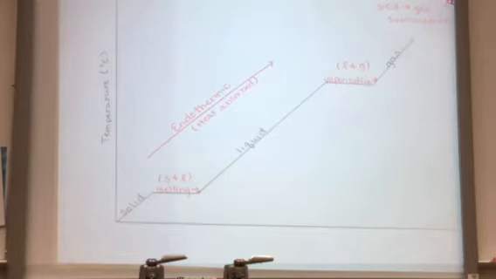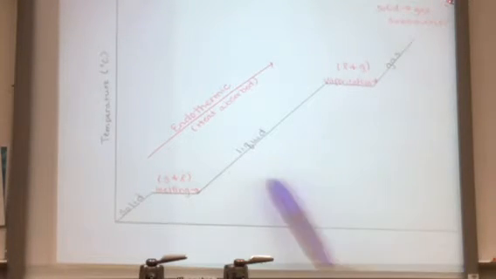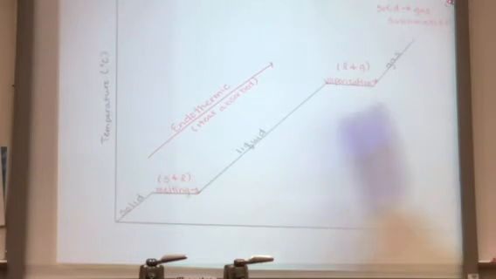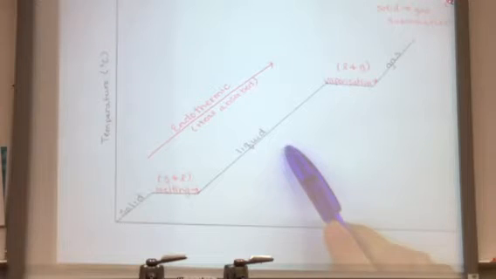Alright, so what if we want to go in the opposite direction? What if we have a gas and we want it to become a liquid? Does anybody remember what that process is called? It is going to be exothermic, absolutely, but before we get to that, just the general phase change is called what? Condensation. Okay, condensation.